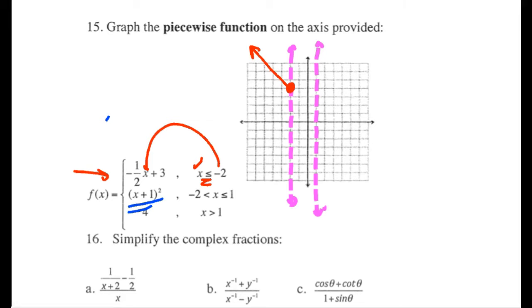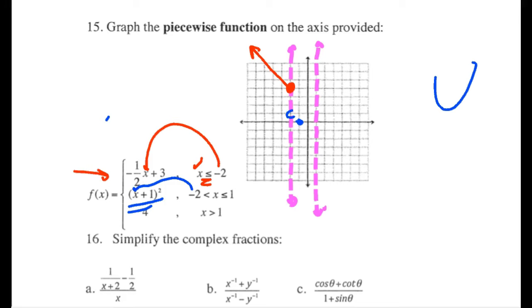Now we've got to be kind of careful how we draw that parabola because it's got to stop on both of those boundaries. So at -1, 0, because that's going to get pushed 1 to the left, or if you put in a -1, a 0 comes out. Then I have to see, well, what happens at the boundary, because I know I'm going to be making a parabola like this, but I can't just draw it however I want. I really do need to plug in the -2, and when I do, I get a 1.